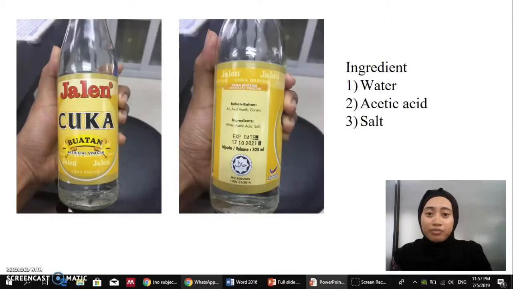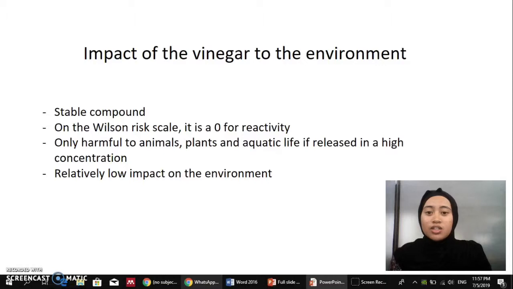So this is the vinegar that we used in this experiment, whose ingredients are water, acetic acid and salt. As for the impact of vinegar on the environment, as we all know, vinegar is a stable compound on the Wilson risk scale with zero reactivity, only harmful to animals, plants and aquatic life if released in high concentration, and has relatively low impact on the environment.